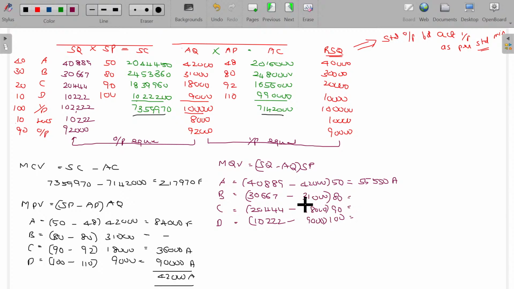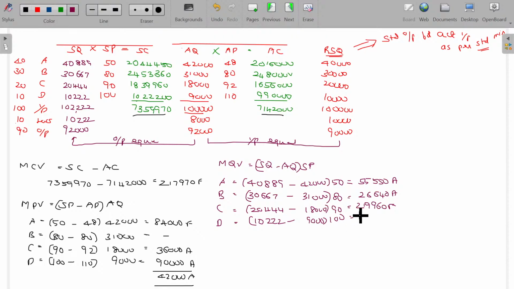Next, favorable, right? So you consume higher, so here also you get the adverse, 26,640 adverse. Next favorable, 2,19,960 favorable.